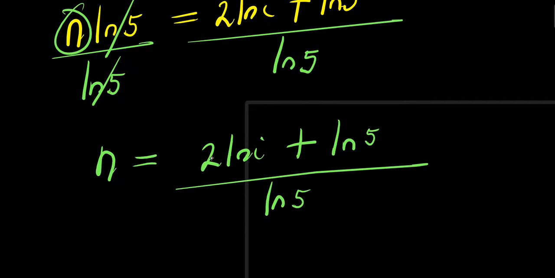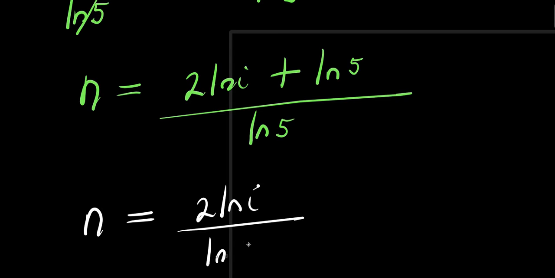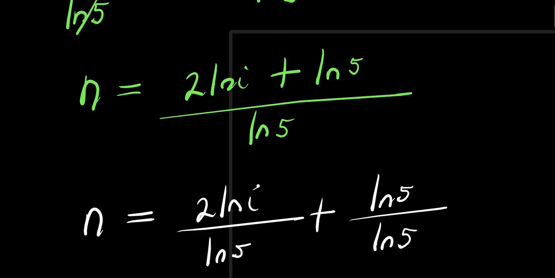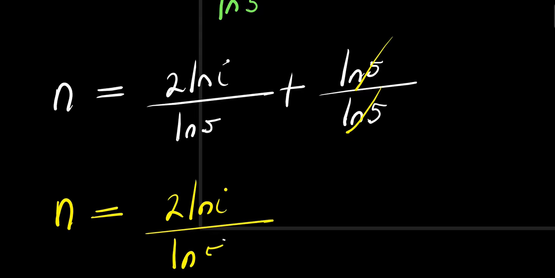So from here, have n equals 2 times natural log of I divided by natural log of 5 plus natural log of 5 divided by natural log of 5. So from here, this cancels this, have n equals 2 times natural log of I divided by natural log of 5 plus 1.